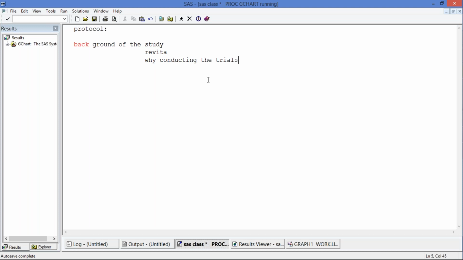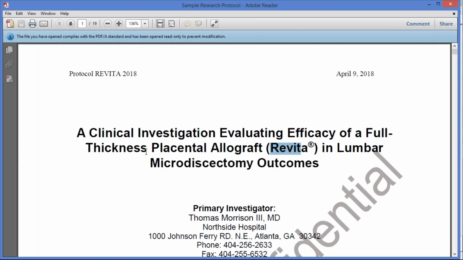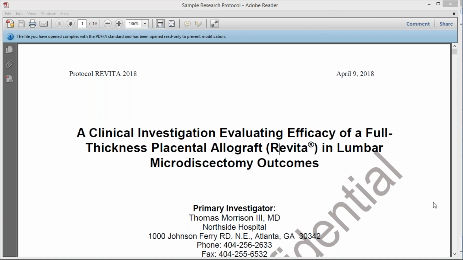Why are we conducting a clinical study for this? It's already available in the market. Then why are we conducting the clinical trial on Revita? Is it because of the side effects? I mean, they want to study the side effects on the patients?